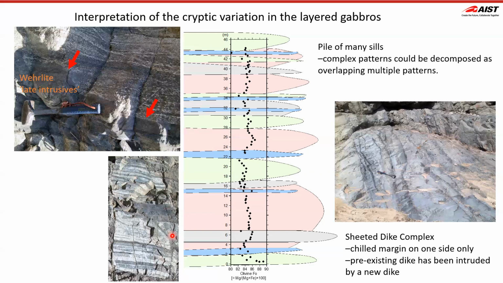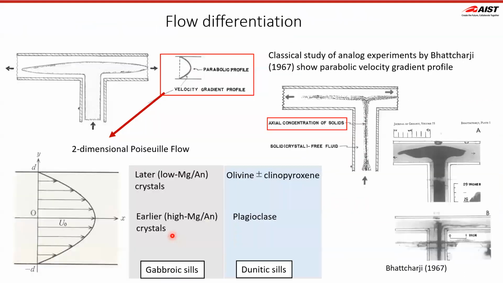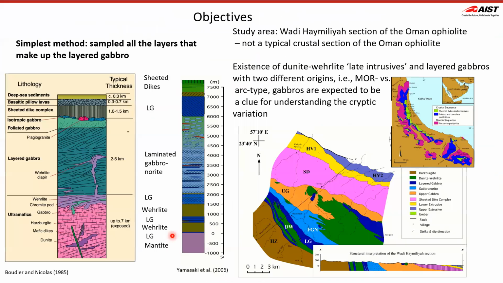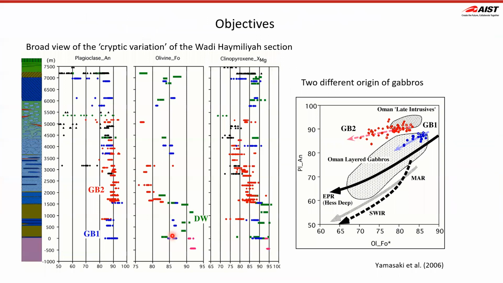You mean the late intrusive, the second group of intrusion with the wehrlites, etc.? That type of thing, yes. It's not a long time interval. But it is a distinctly different environment of intrusion.